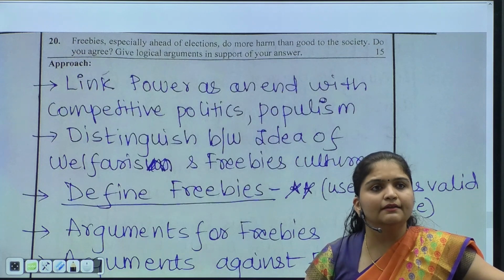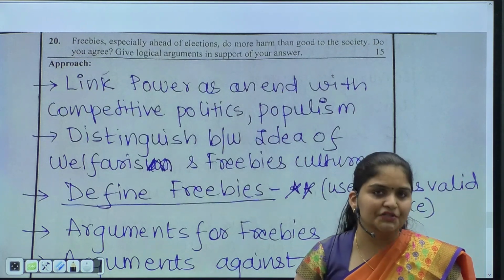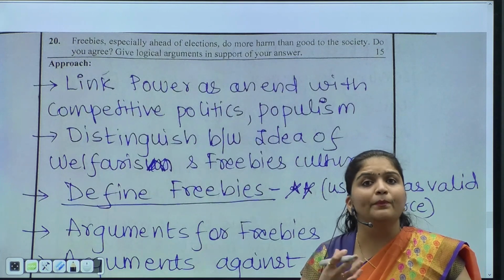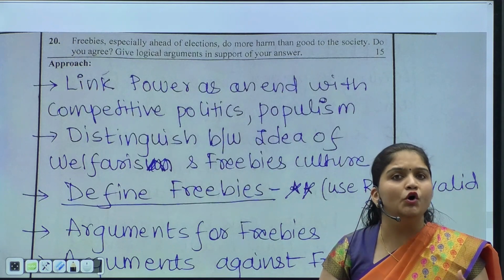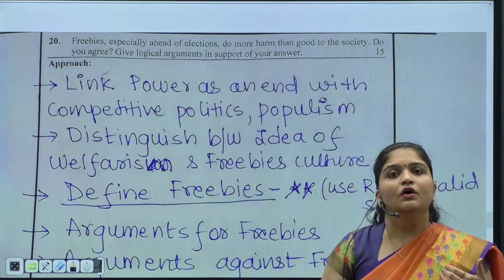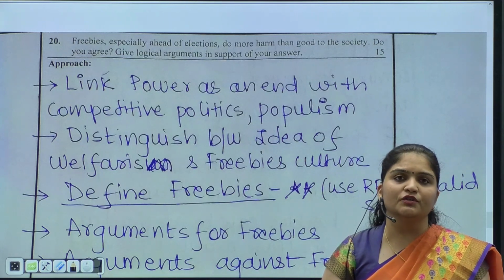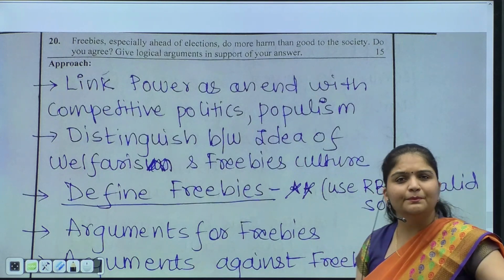So we say that power has become the key end goal of elections. Okay? And competitive politics and populism are leading to measures in the form of freebies. On the other hand, we also have social welfare, which as a measure is very important for a country like India, which is facing multiple challenges.